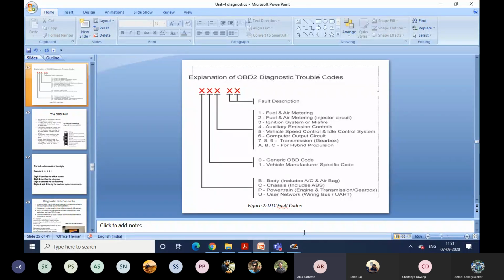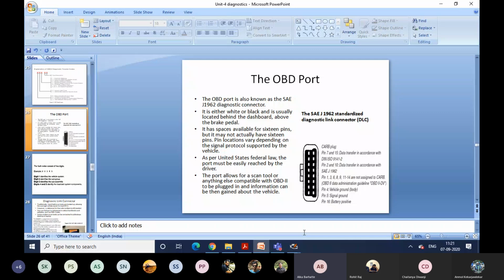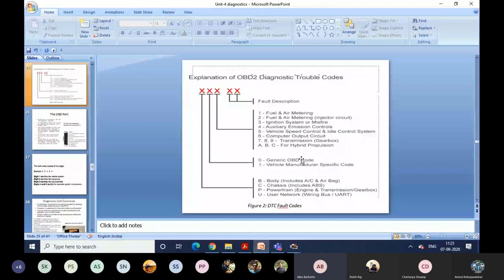To read these fault codes, there are various scan tools available, and analyzing software is also available. But that software needs to be connected to the port which has been provided to get these trouble codes.